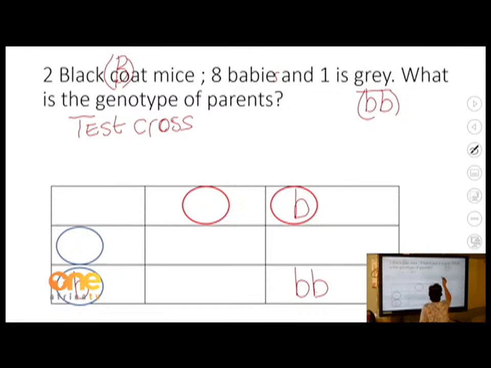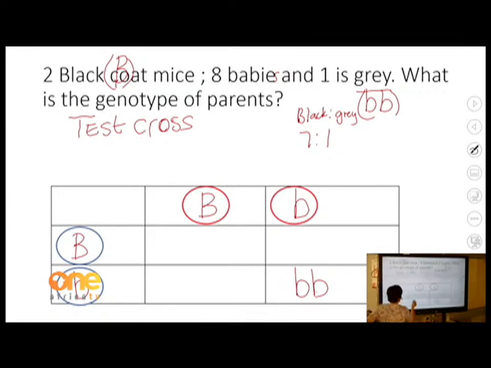If I look at 8 babies and 1 is grey, it means 7 are black. So black, and grey, more black ones, and the parents are black. So the parents must be heterozygous black.